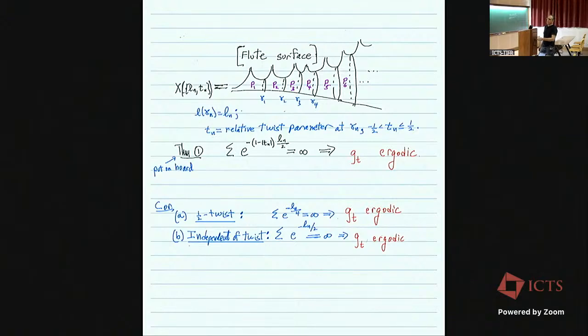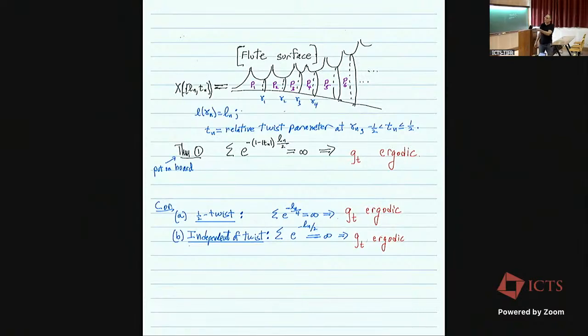Remember, we wanted some geometric conditions on Fenchel-Nielsen parameters to guarantee ergodicity. So the theorem is that if you sum up these Ln's with this coefficient, 1 minus the twist parameter, and that diverges, then you have ergodicity of the geodesic flow.